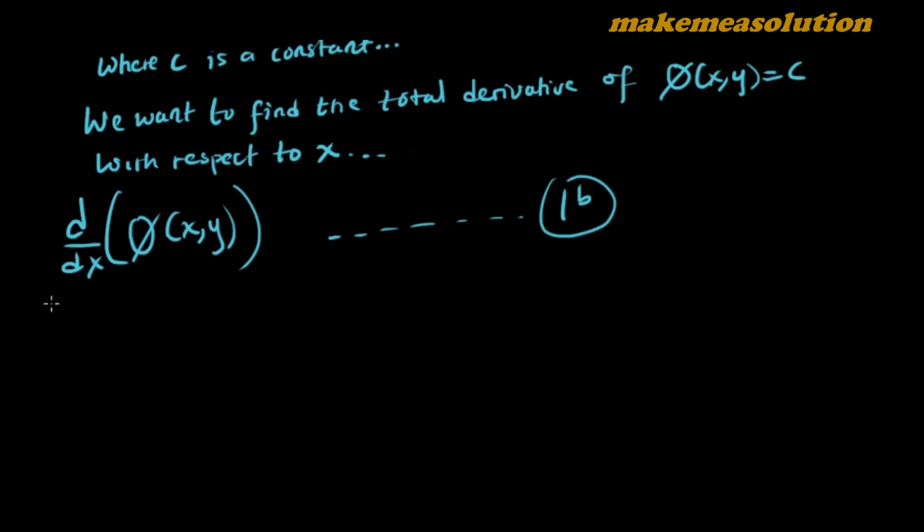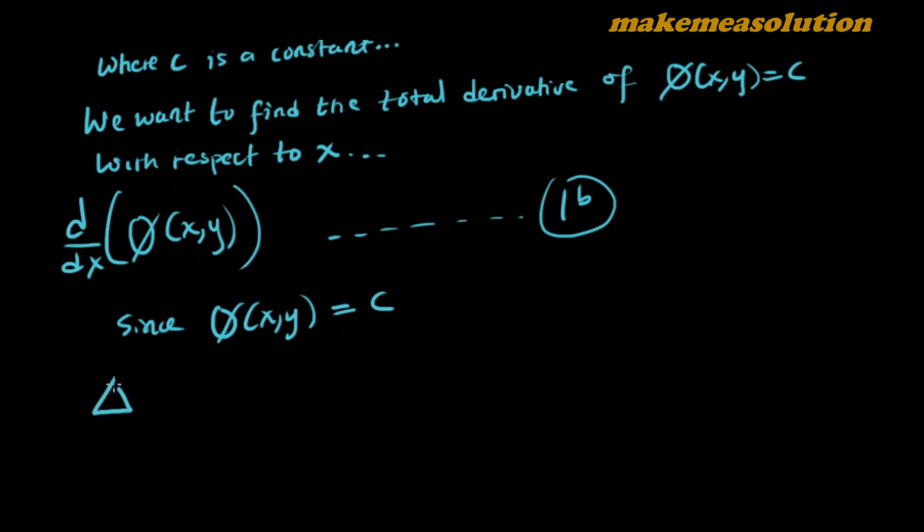In order to do that, since we have established that phi of x comma y is equal to c, then any change in this particular function can be expressed by this equation.